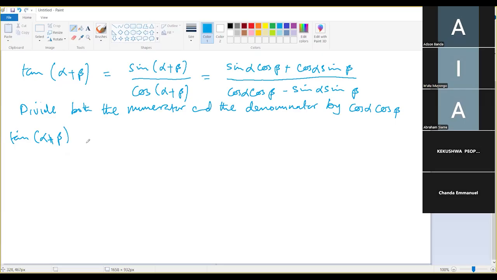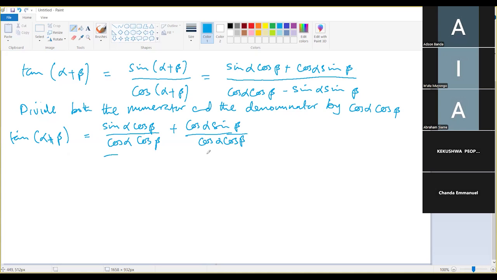So the tangent of alpha plus beta is going to be equal to sine alpha cos beta divided by cos alpha cos beta, plus cos alpha sine beta divided by cos alpha cos beta. So that is the numerator.